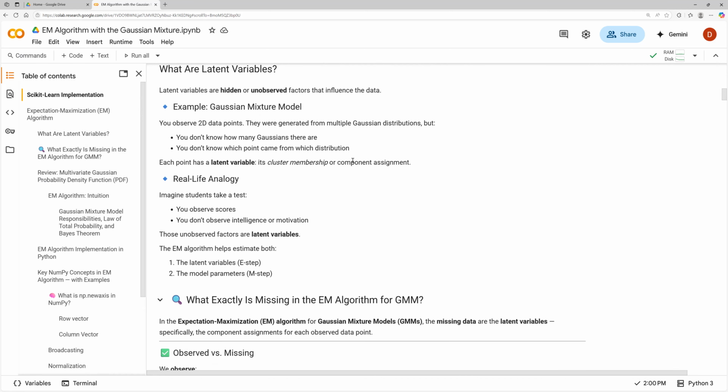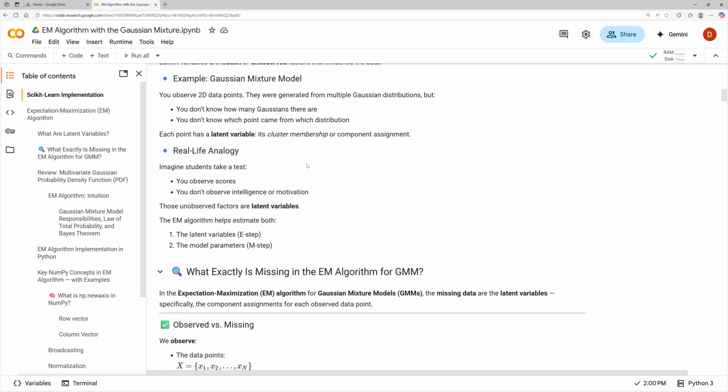Those terms are used interchangeably, cluster membership and component assignment. Okay, so I don't want people to worry too much about when they hear one or the other. They're both pretty much synonymous.